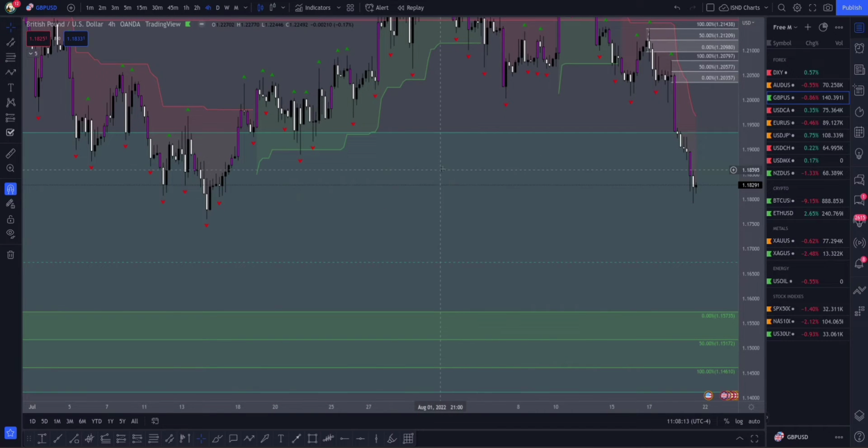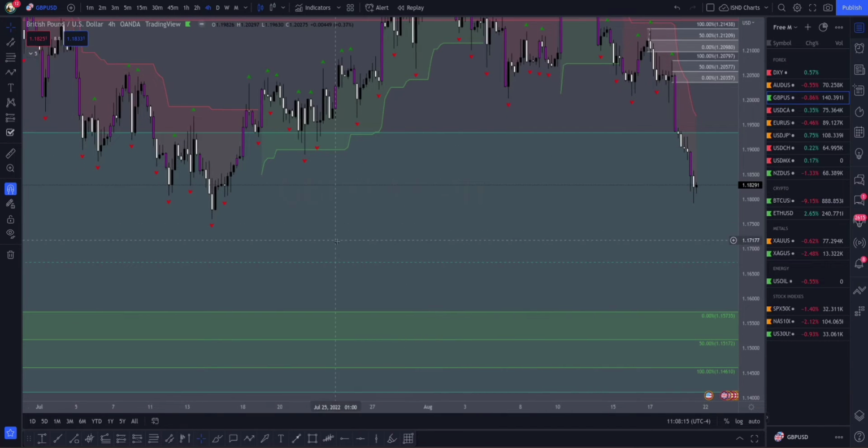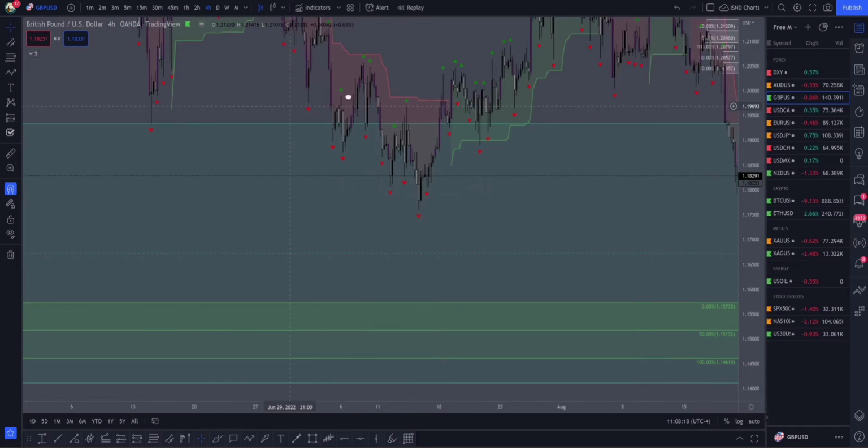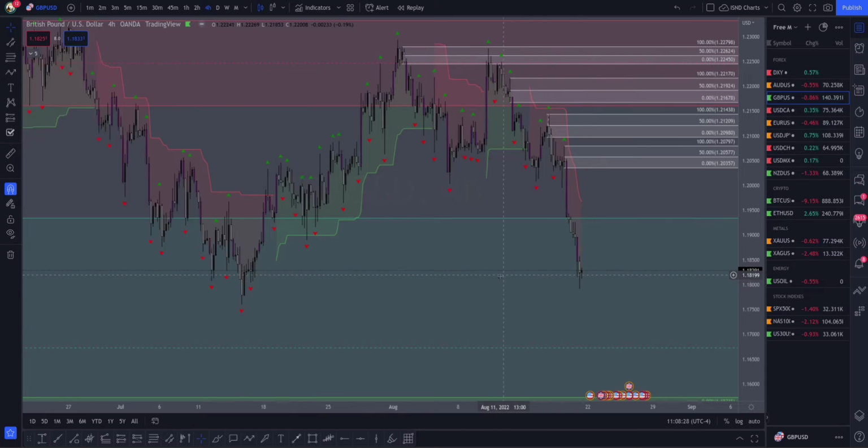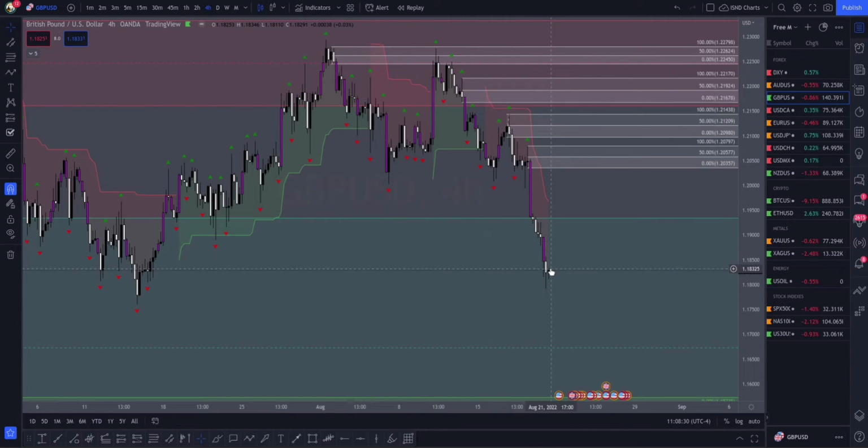I don't see any unmitigated 4-hour demand that is close by, but we do have an area of demand down here that we did get a little bit of a response from. So we could see this pair turn around at the early part of the week, and then maybe pull back towards the end of the week for a small retracement.